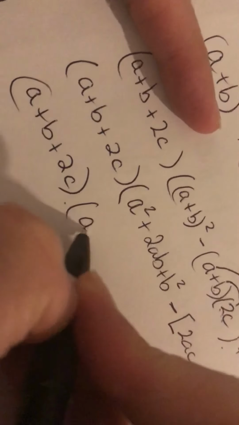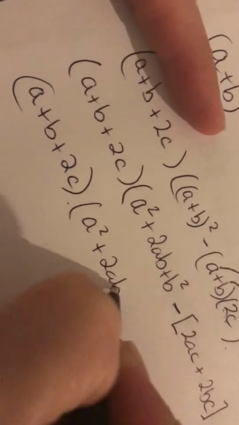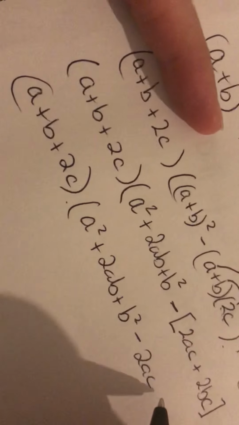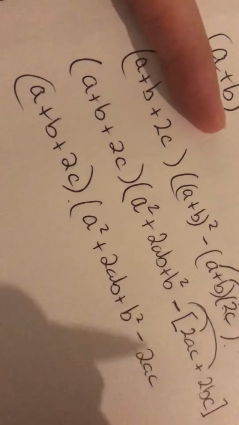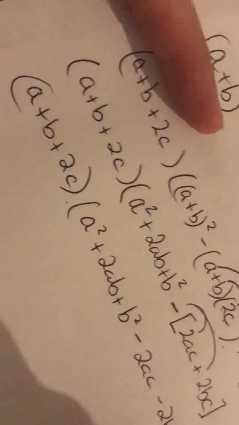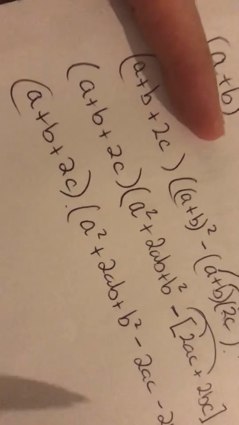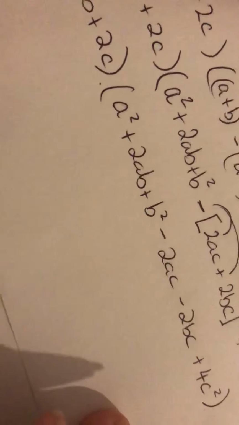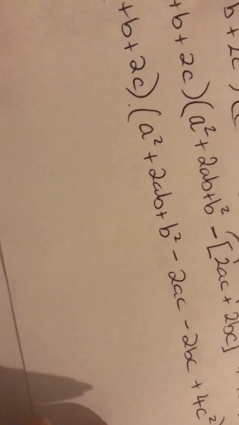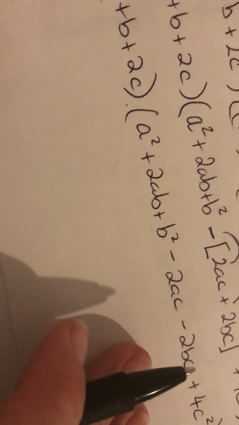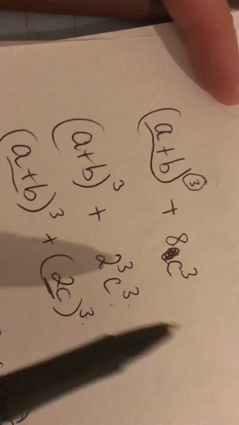I have a squared plus 2ab plus b squared minus 2ac minus 2bc plus 4c squared. Is there any way I can clean any of that up? I don't think so. So that's it. And if you multiply that out, you would get this.